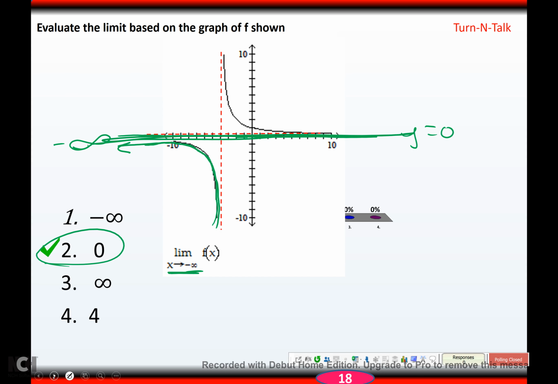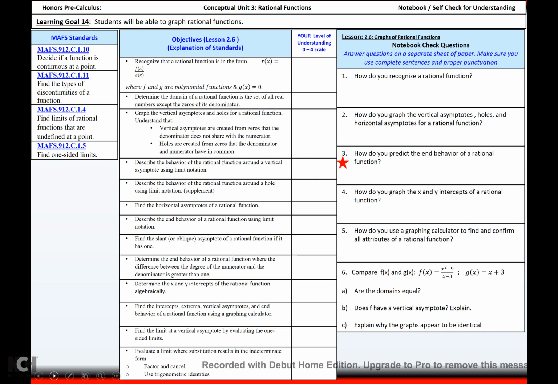Okay? So how do you predict the end behavior of a rational function? You basically trace it in the direction the limit says and find the number.